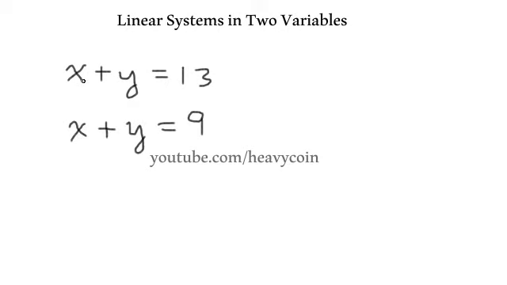So what we're going to want to do here is solve for x or y in this problem. It doesn't matter. I'm going to solve for x. So x is equal to 13 minus y.